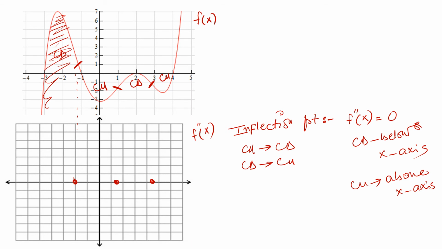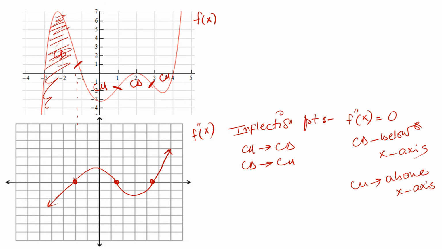So concave down from the very first inflection point is like that. Then concave up from here till here, so concave up should be like that. Then in the next I have concave down, so I will make it like that. Then I have again the concave up, which gives me like that.